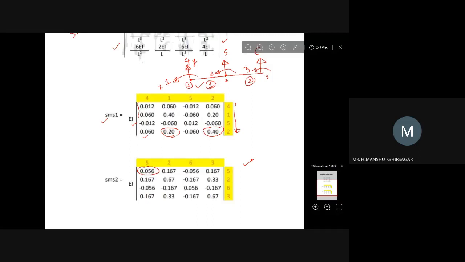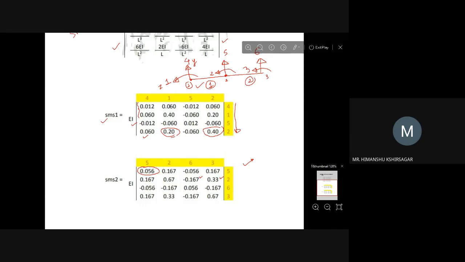Similarly, this is 6EI by L square, then minus 12EI by L cube, 6EI by L square. Similarly, 6EI by L square, 4EI by L, minus 6EI by L square, 2EI by L. Then write all the values in the first row with the negative sign.